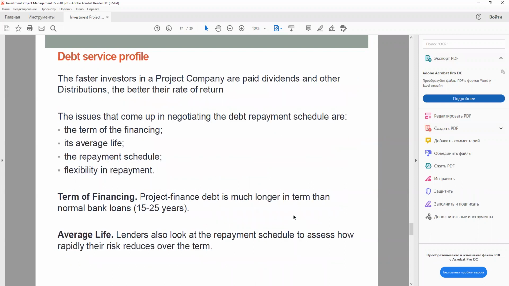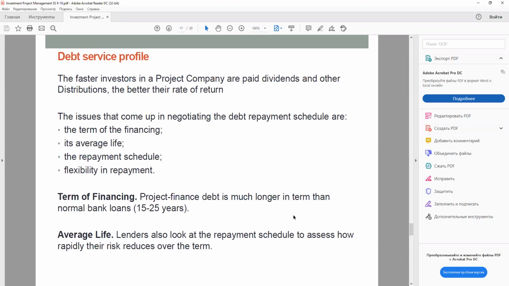Okay, what about the debt service profile? Debt service, that is loan interest payments and principal repayments, is one of the biggest factors in the financing structure that influences an investor's rate of return.